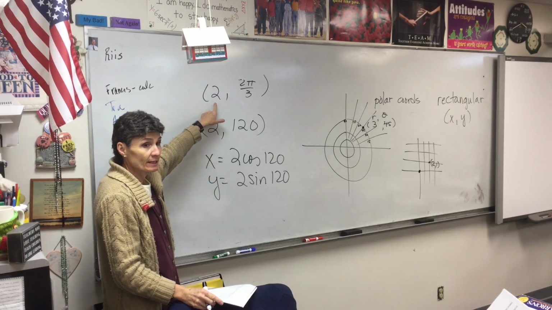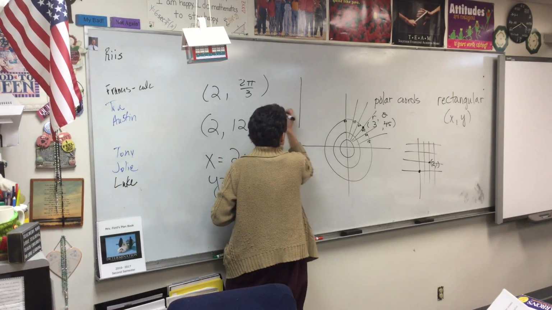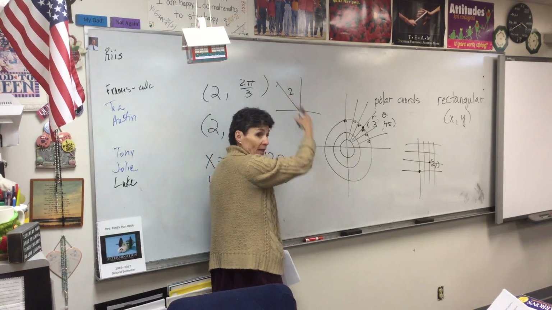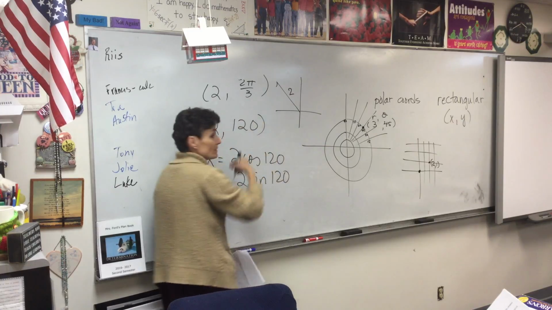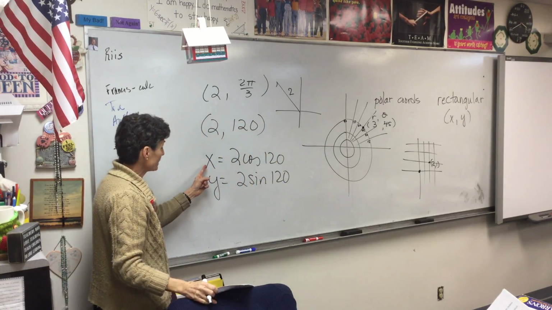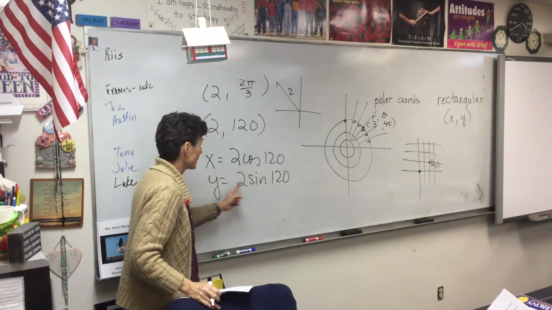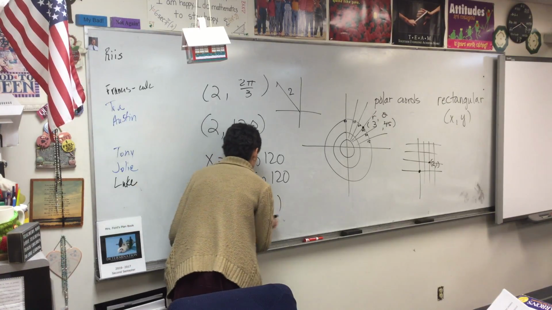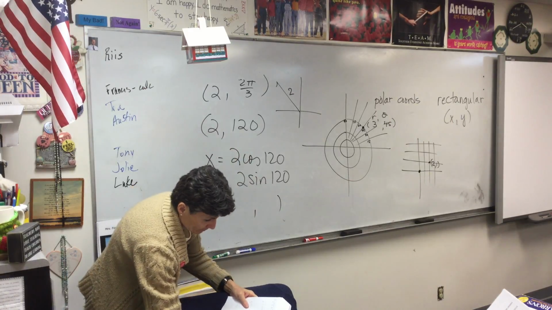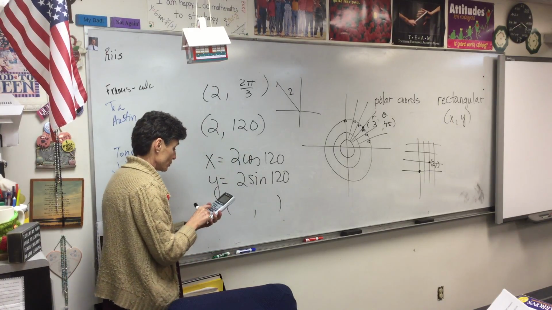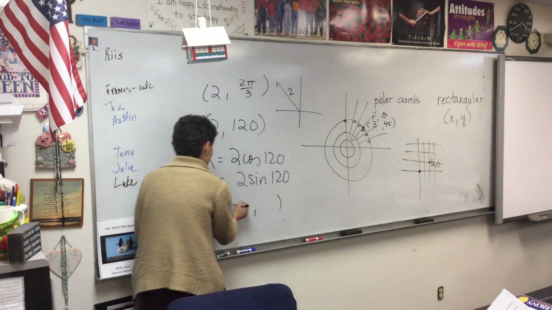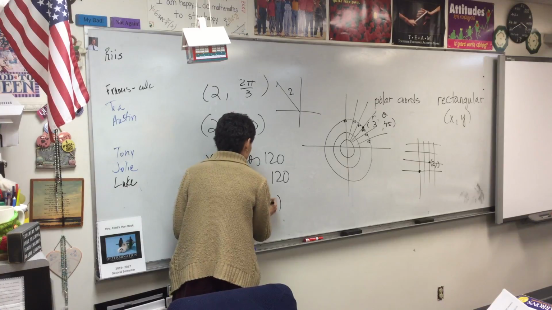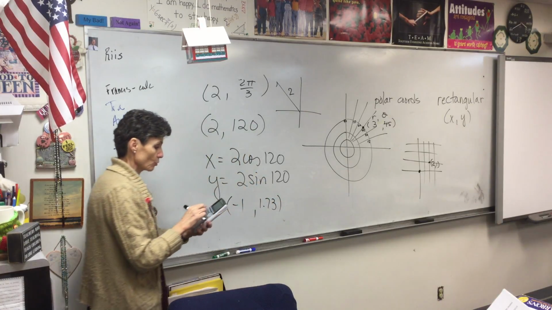If you are given your radius, which is 2, that's like the speed of the airplane, and you're given your angle, you just type in x equals 2 cosine 120, y equals 2 sine 120. And those are the rectangular coordinates. So 2 cosine 120 is -1, and 2 sine 120 is 1.73. There's the answer to the question.